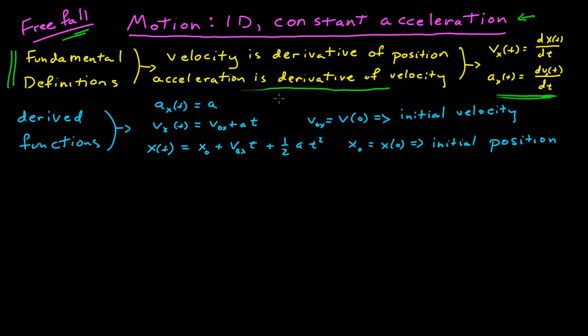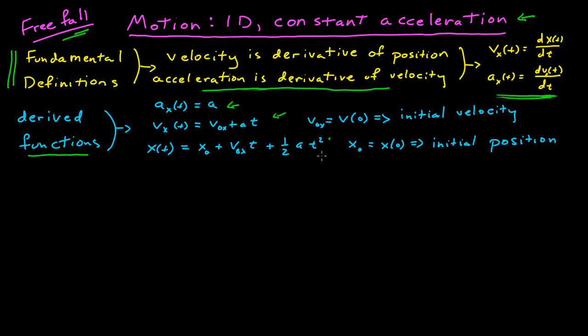Okay, and from those fundamental definitions, we then derived functions that apply under the constraints of one-dimensional motion with constant acceleration. So the acceleration is a constant. We found a function for the x component of the velocity as a function of time, as well as the x component of the position as a function of time.